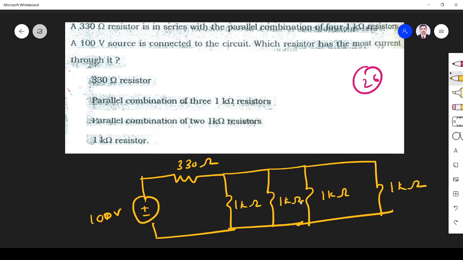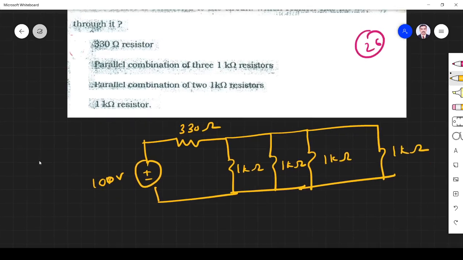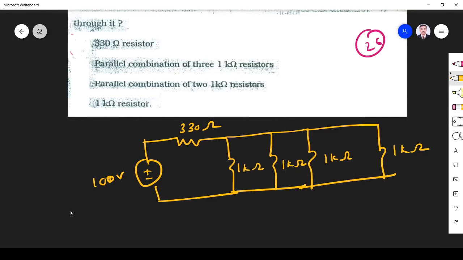Okay. So what they are asking is, which configuration has the least resistance? First one, 330 ohm. Second one, parallel combination of 3 1 kilo ohm, which means R equivalent is R by 3.